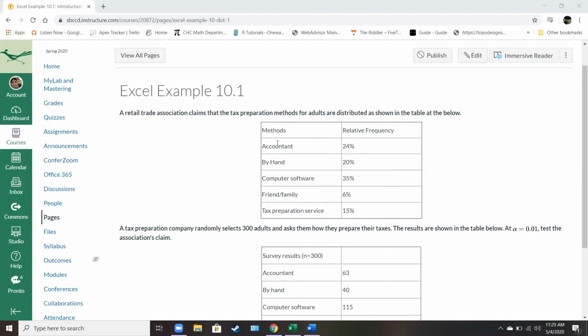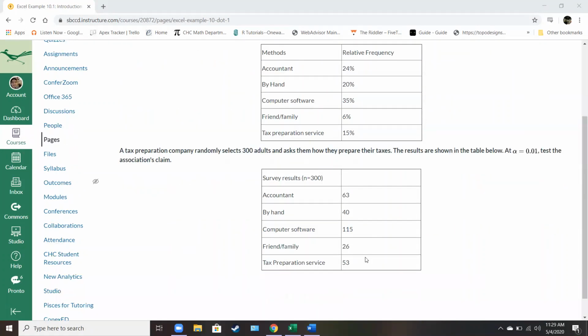24% of adults use an accountant, 20% do it by hand, 35% use computer software, 6% have a friend or family, and then 15% have a tax preparation service, right? So a tax company randomly selects 300 adults and asks them how to prepare their taxes, kind of going by these methods, right?